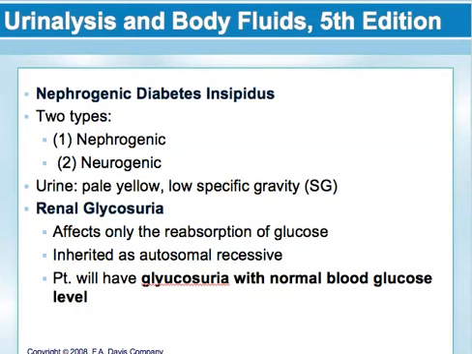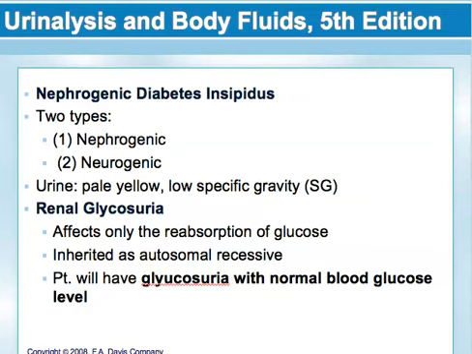The first one is nephrogenic, which is a sex-linked inherited gene that causes the tubules to not respond properly to ADH, or it can also be caused by exposure to certain medications, or can also be seen as a complication of polycystic kidney disease and sickle cell anemia. The second type is called neurogenic, in which the hypothalamus just does not produce ADH. Urinalysis results would have a low specific gravity, and the urine would be pale yellow.